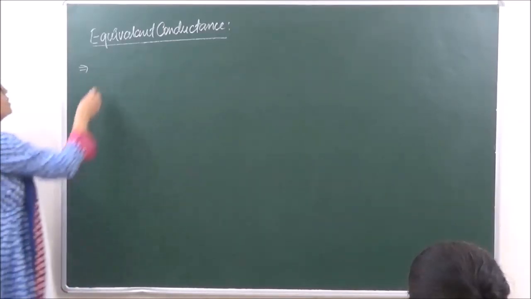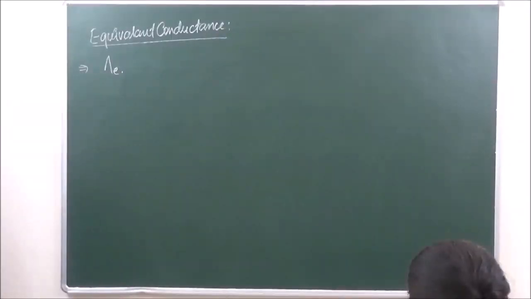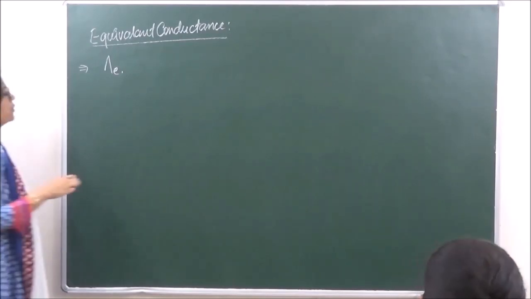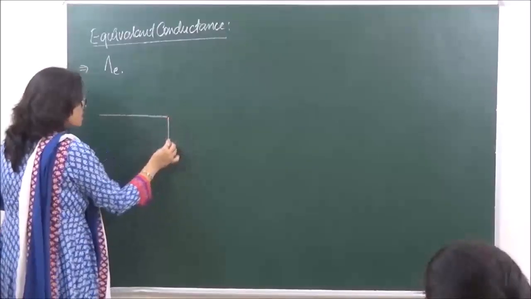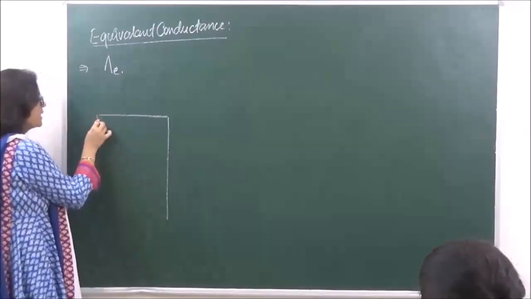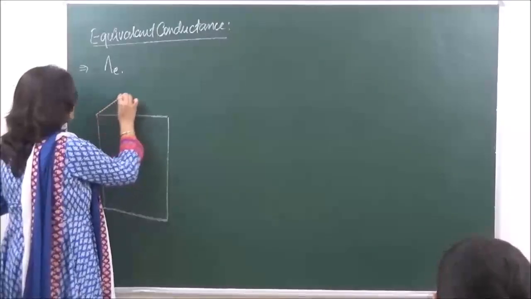We denote it by lambda E. This is what equivalent conductance is. Now to understand equivalent conductance, we formulate a cell which is in the shape of a cube.